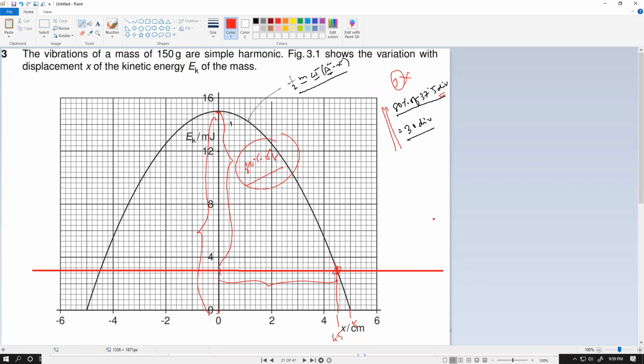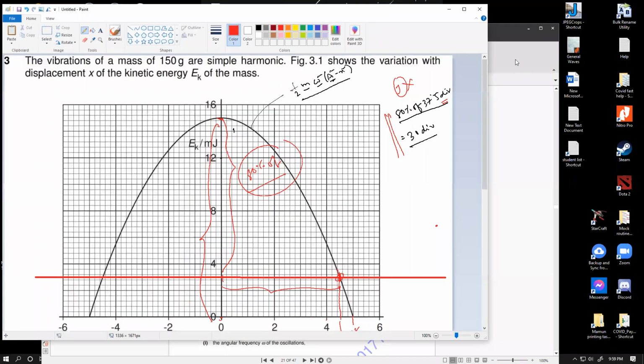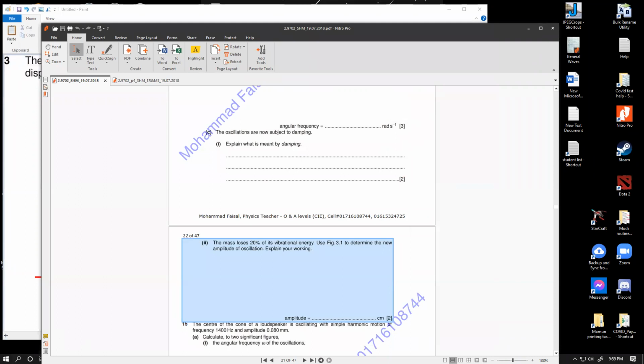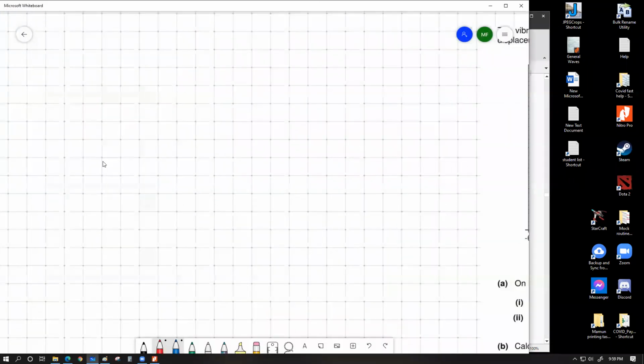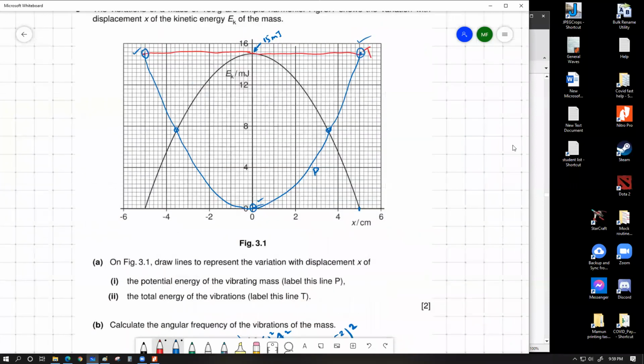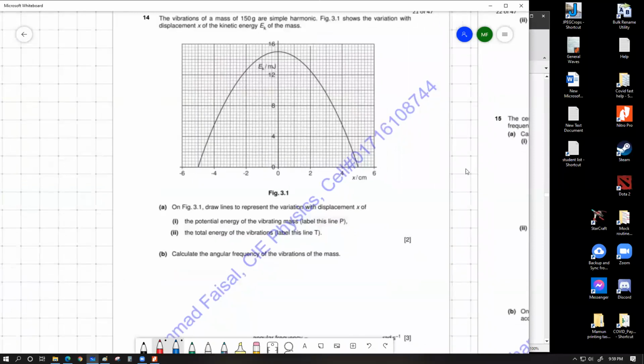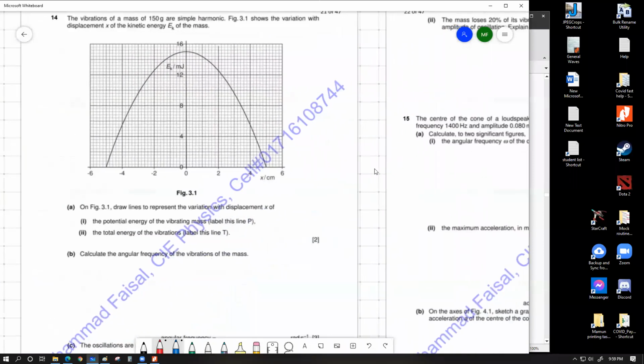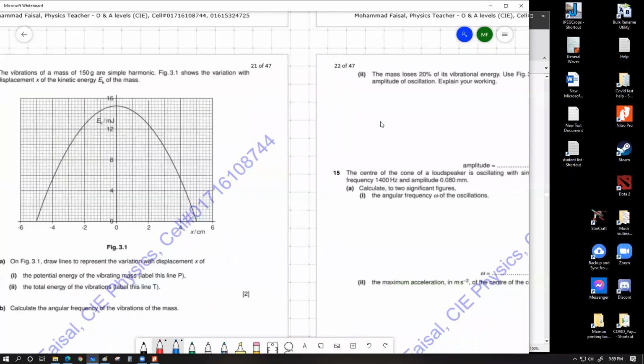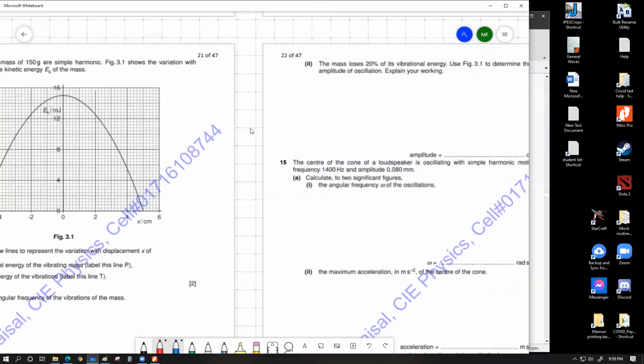So if we go back to the whiteboard, all right. If I am trying to answer this question, they say explain your working, I would write just this much, I would write it this way.